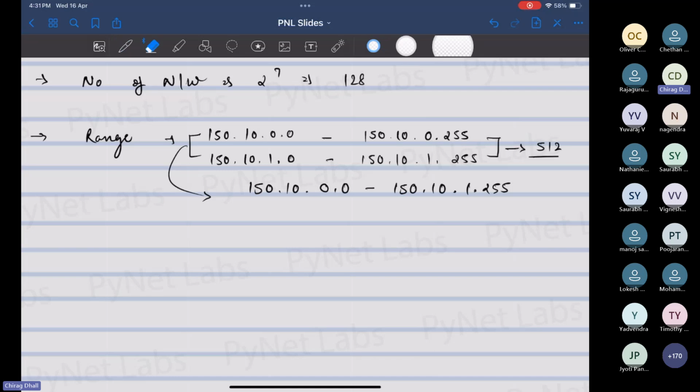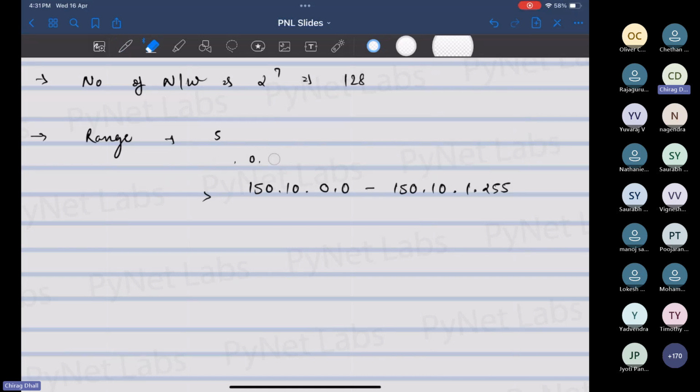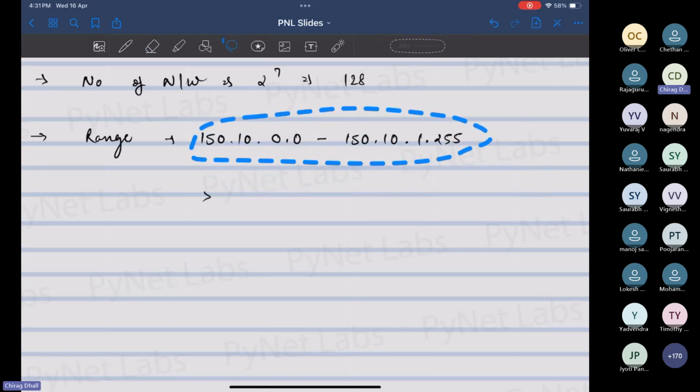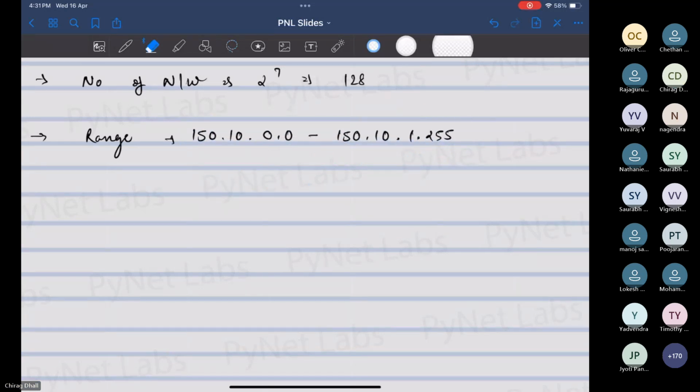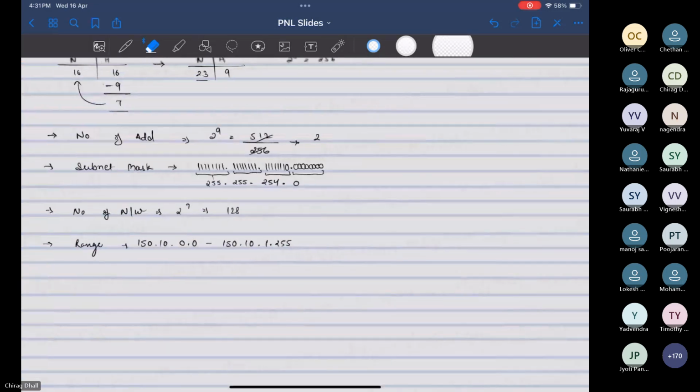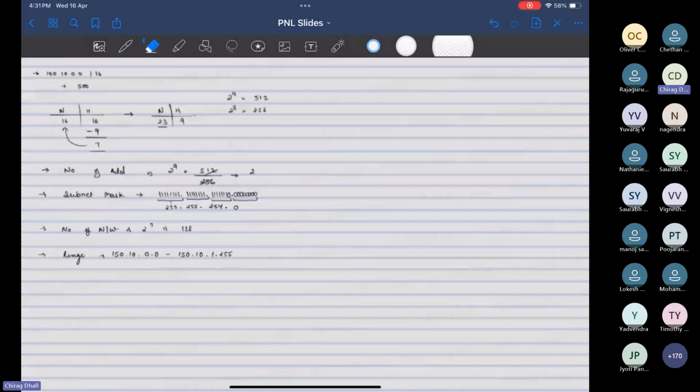So this is my actual range, which I have got after the calculation. And now we know basically how to do it. Easy, right? That's how class B subnetting is done.